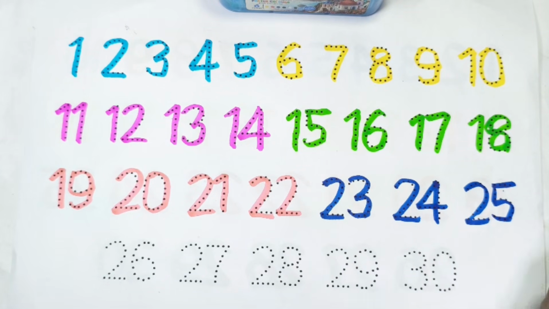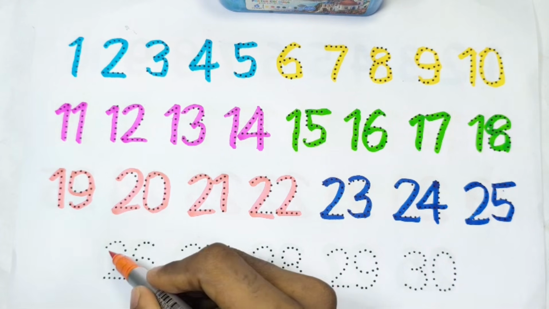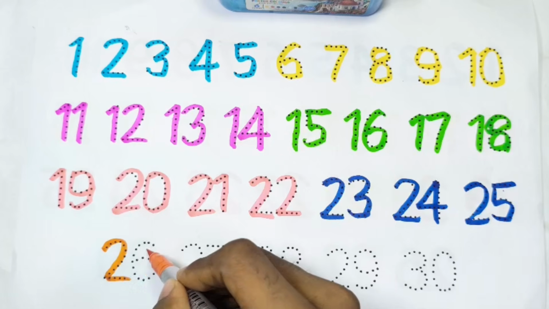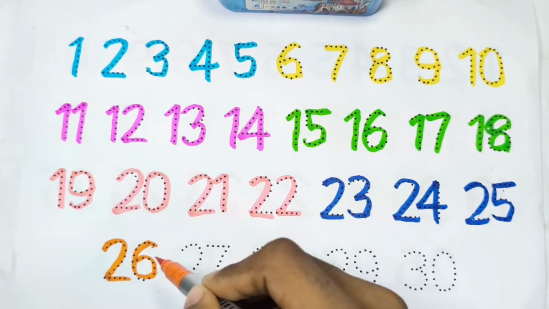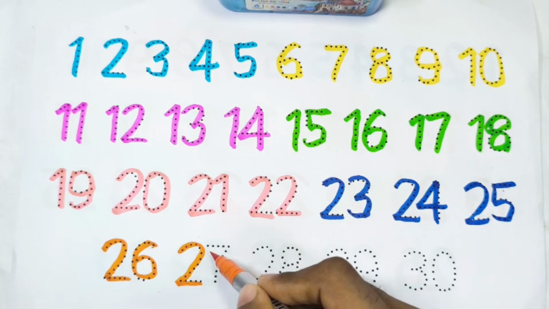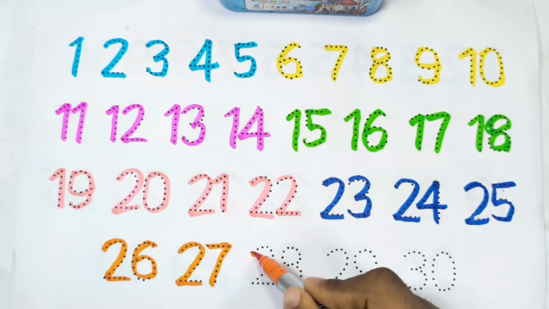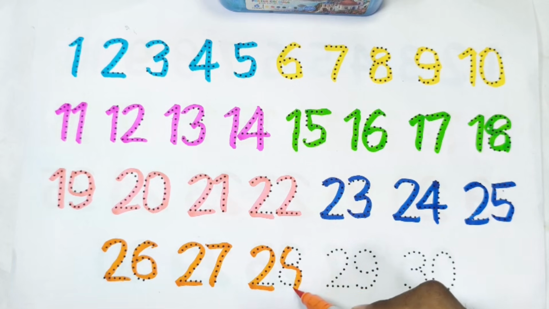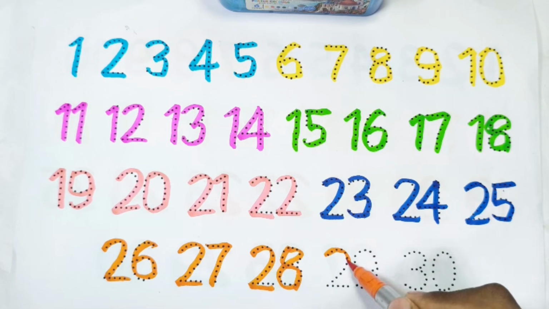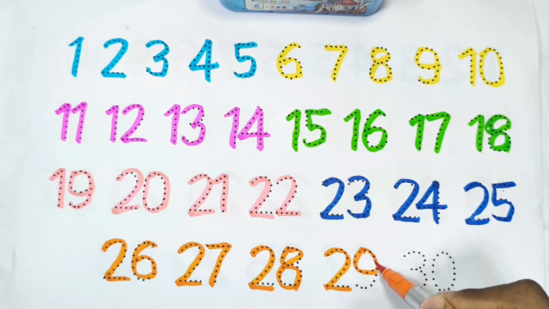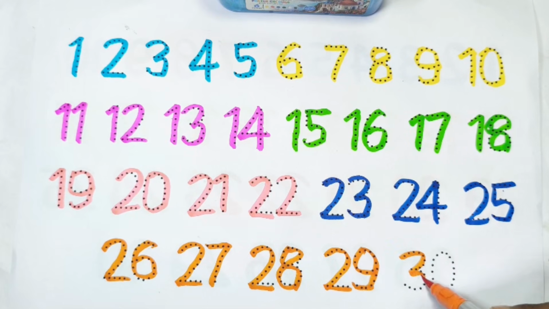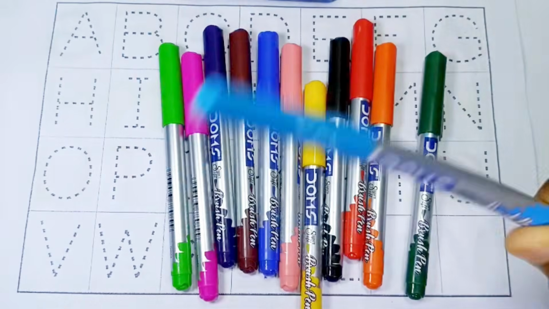Kids, now you draw 26. 26, 27, 28, 29, and 30.